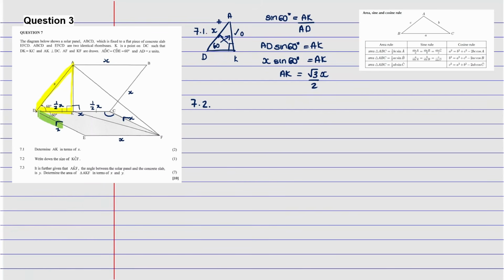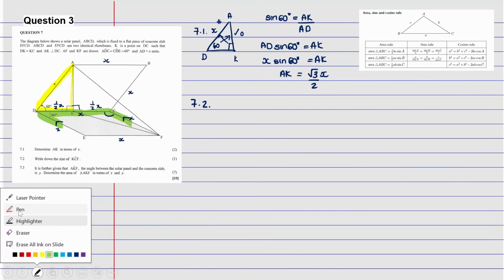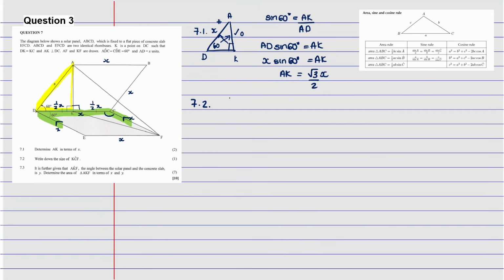So we have a property of what? Of co-interior, right? What do we know about co-interior angles? They are supplementary. So now if I say, so let's say since DE is parallel to CF, right? What do we know?